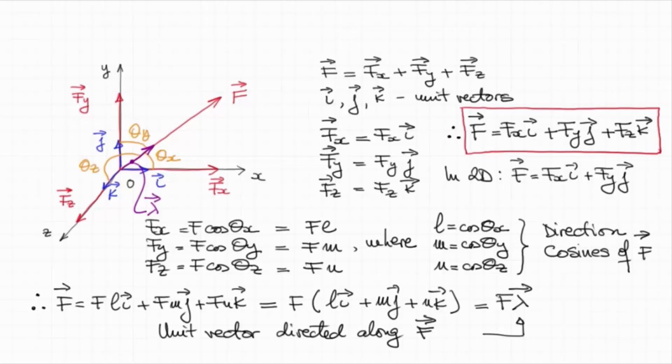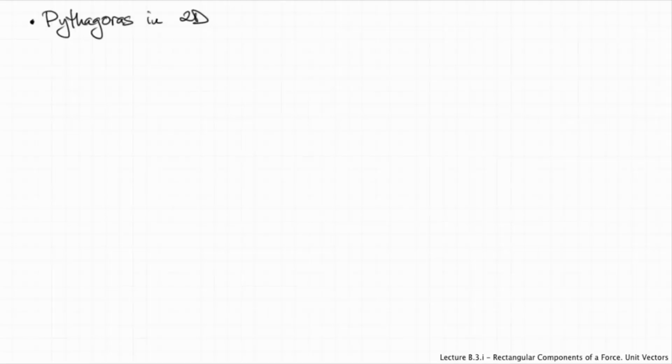Now, what we will do next is simplify the problem a little, go into 2 dimensions, and apply Pythagoras' theorem for a vector and its components in 2 dimensions.